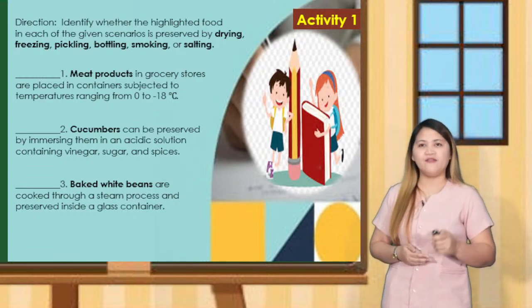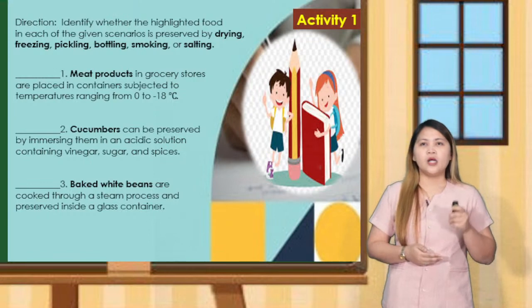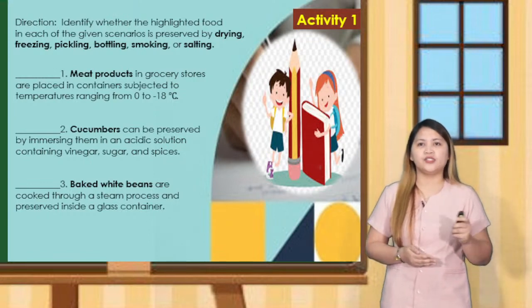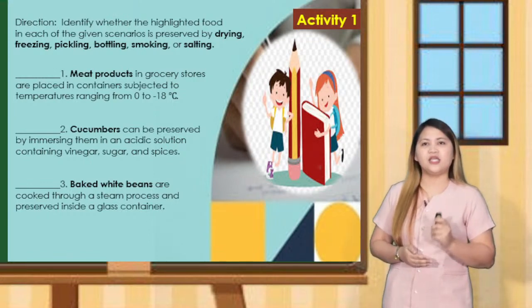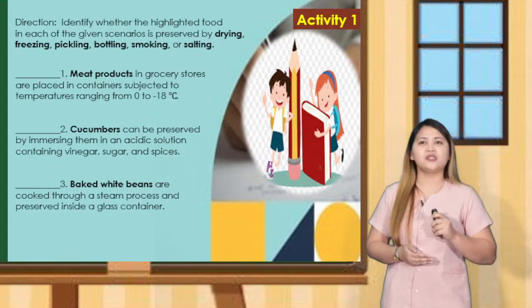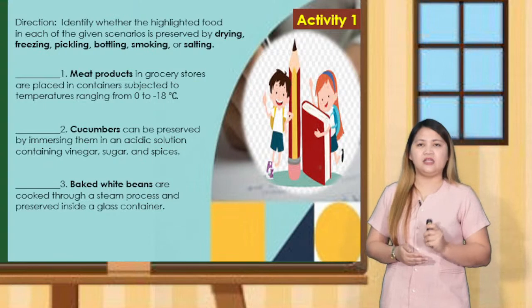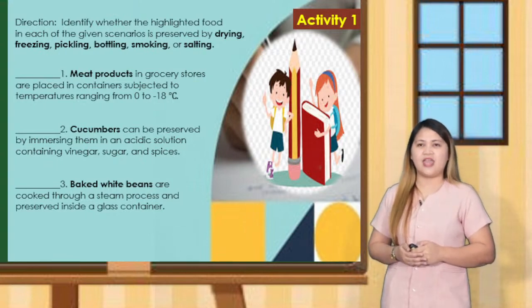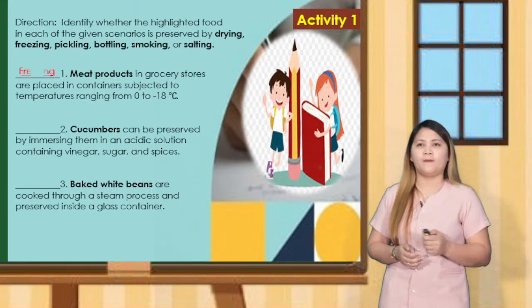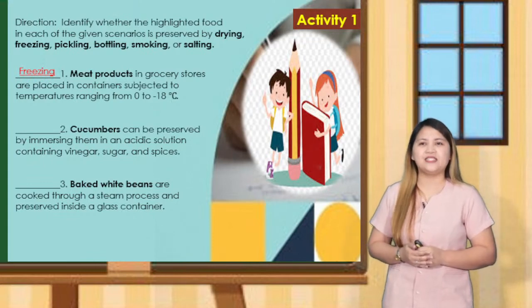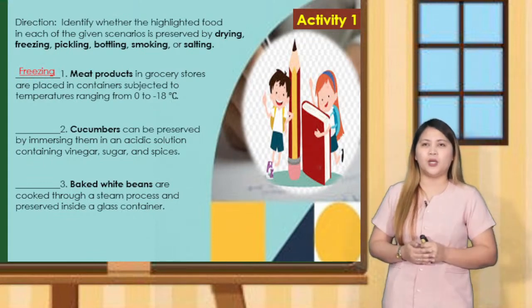The first one: meat products in grocery stores are placed in containers at temperatures ranging from 0 to negative 18 degrees Celsius. The answer is freezing. Very good.